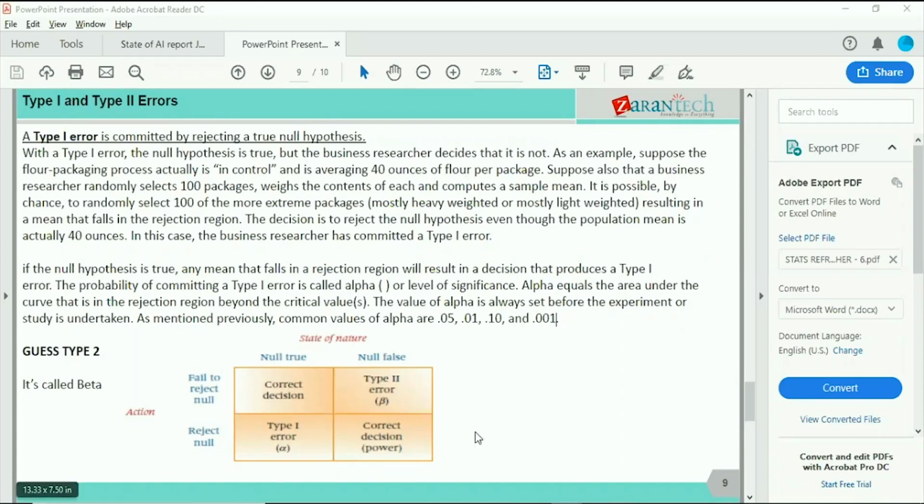These are really tricky waters, so I want you to focus. So in this case, the true nature, let's take the matrix here where all these columns are true nature, and still we got to reject it. Those scenarios are called type 1 error. Okay.